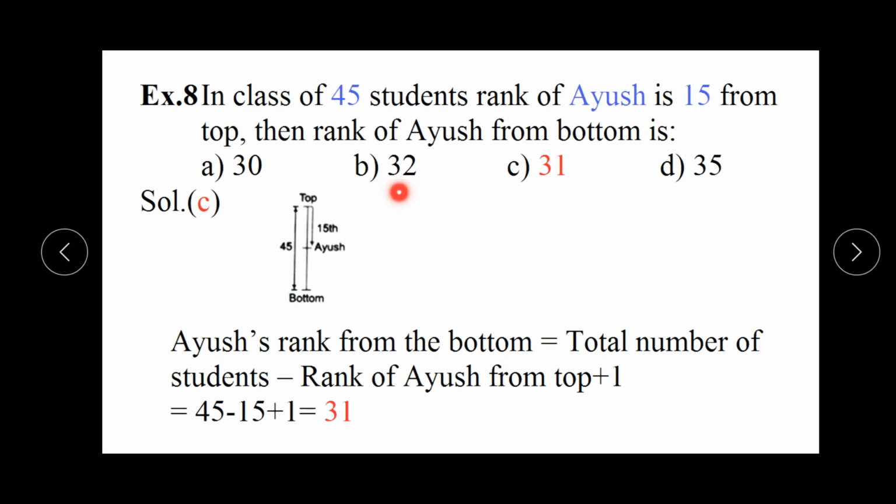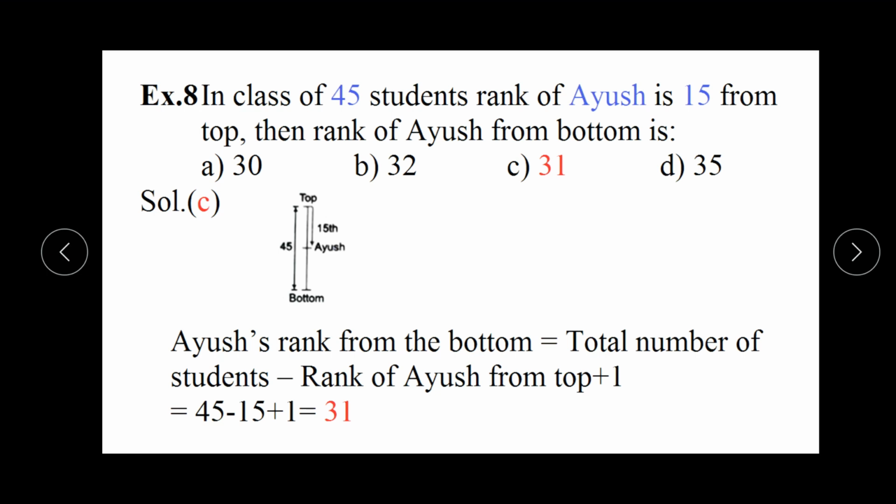What we will do? We will take total students. Total students are 45 minus the rank of Ayush from top, that is 15. We will subtract 15. But if we are subtracting 15 from the total number of persons, that time we are not finding out the rank of Ayush from the bottom.